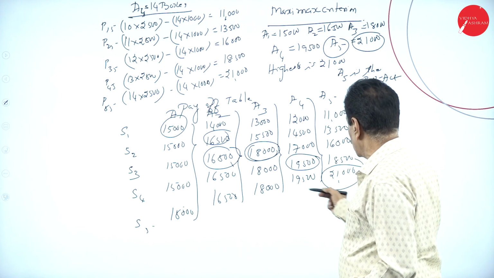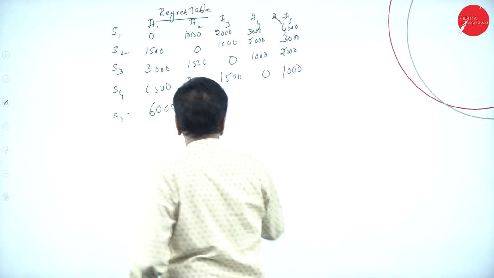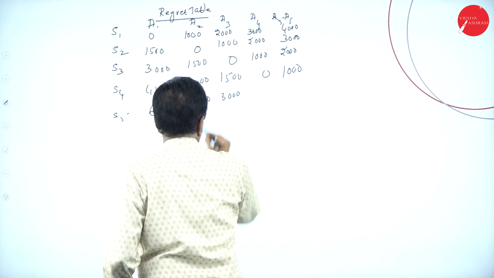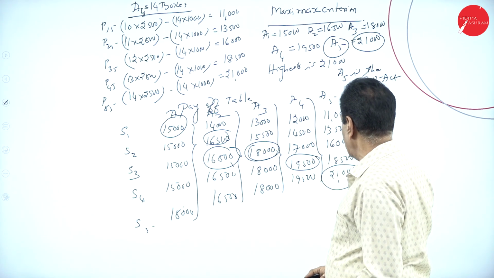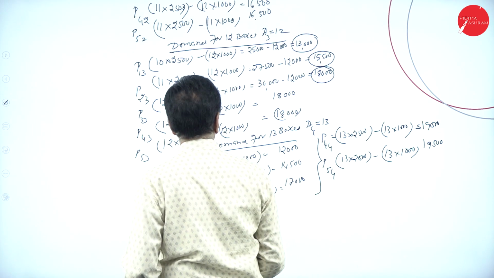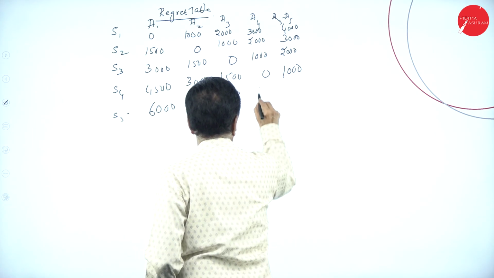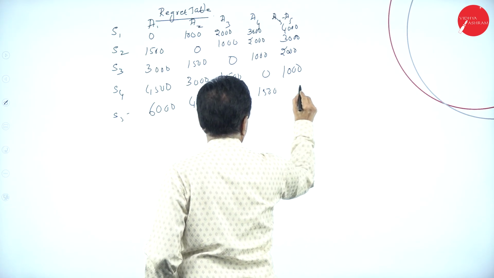Then 18,000 means 3,000. Then 19,500 gives 1,500. Then 0.